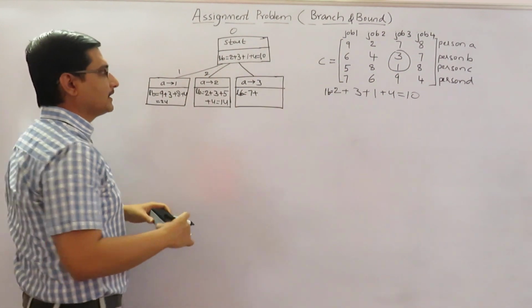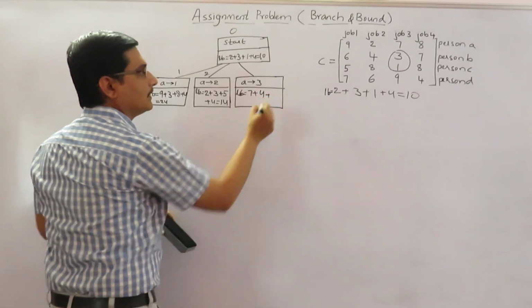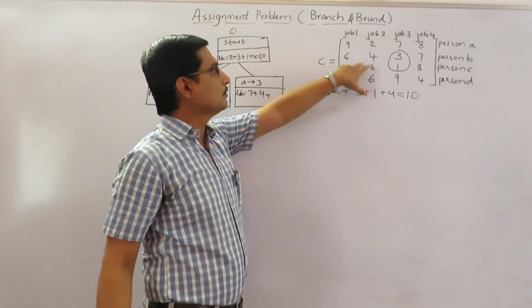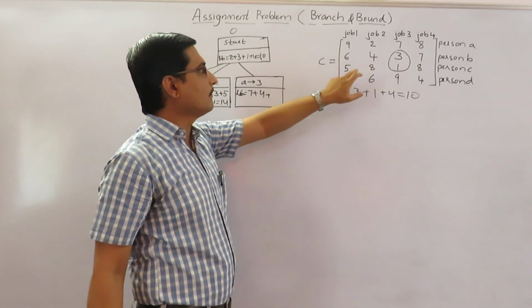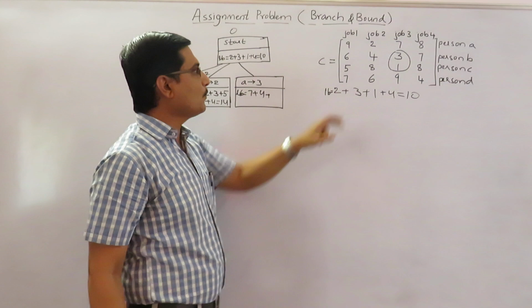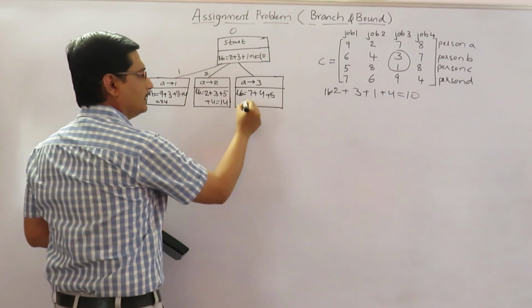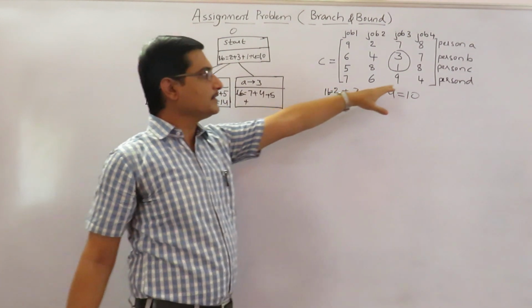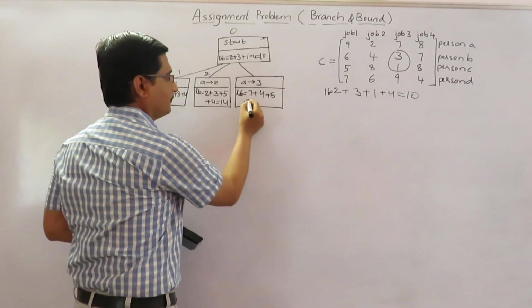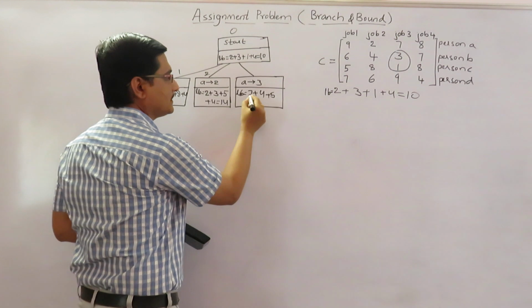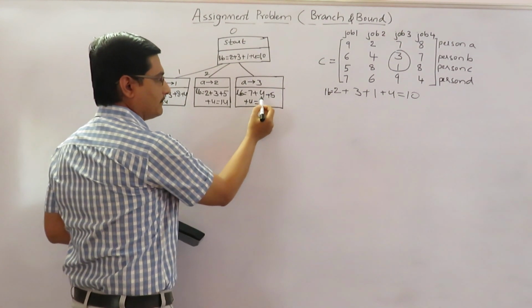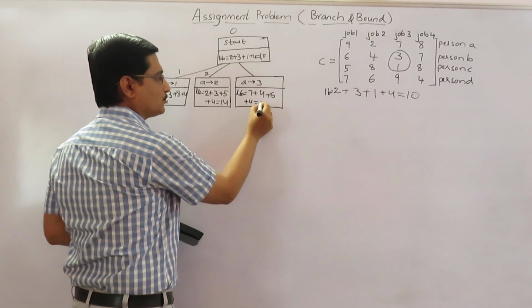So we have to go for some other value, say it is 4. It is job 2. Job 2 we have assigned to person B now. Then job 1 can be assigned to person C, and the remaining job is job 4, that is 4 to person D. This is 7 plus 4 is 11, 11 plus 5 is 16, plus 4 is 20.